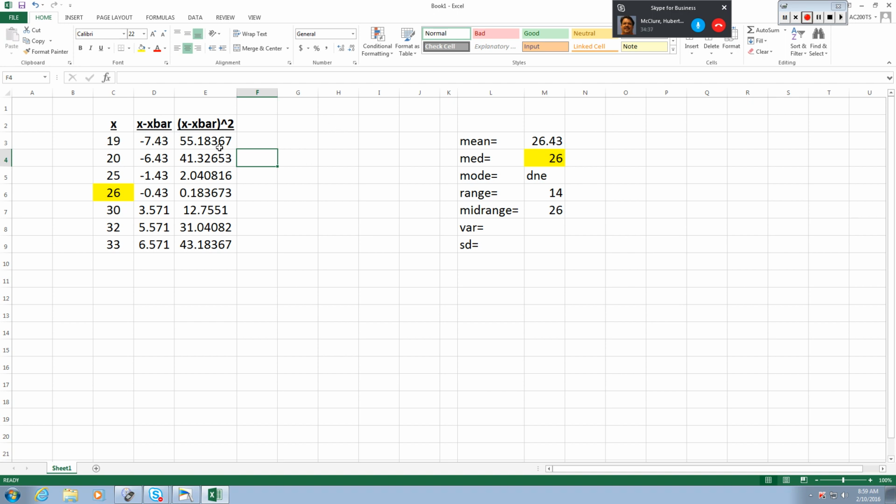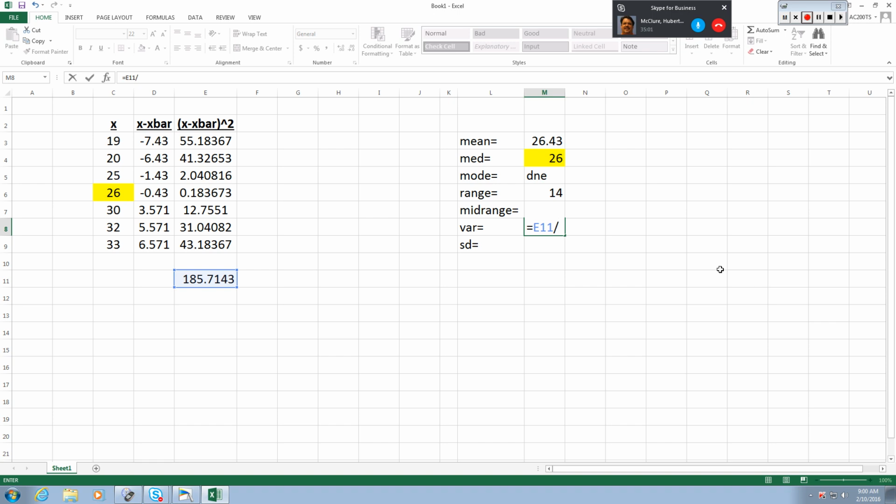Now, what do we do with (x minus x bar) quantity squared? Add it together. And that's the numerator of your variance. So it equals this number divided by what?